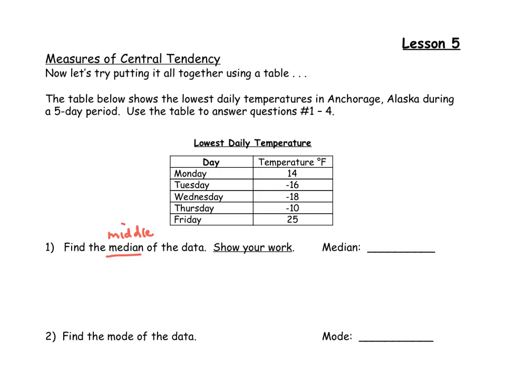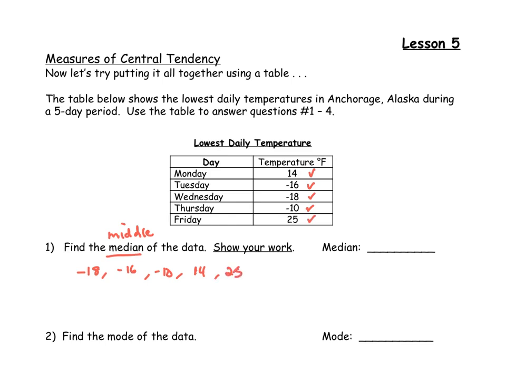And I'm noticing that there's 3 negative numbers. So negative 18 would be considered the lowest number, furthest from 0. Negative 16 would be next, followed by negative 10. And then on the positive side, we have 14. And then 25.